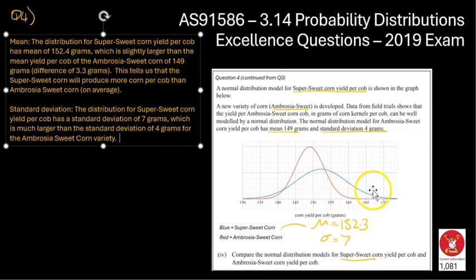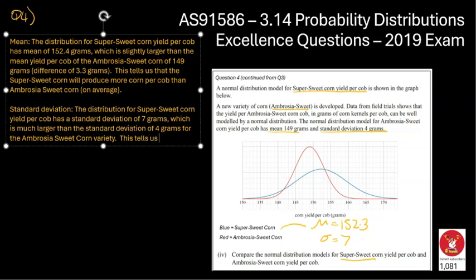So it tells us that the ambrosia corn, because it's a lot narrower, that red graph, is a lot more consistent in terms of the yield per corn than the super sweet corn, which is that really wide blue graph. So it means it can take on some really big yields, but it also has a lot of really small yields over here. So that consistency is kind of the difference between the two graphs here.